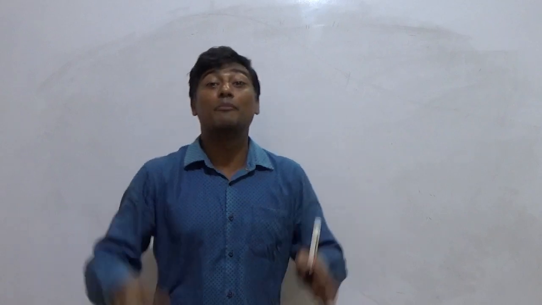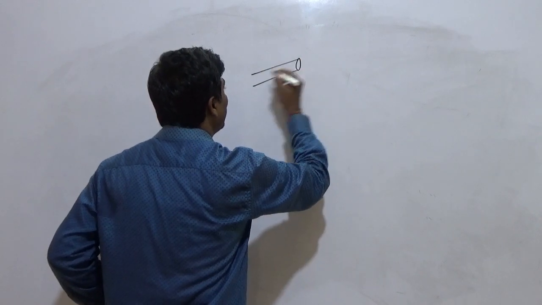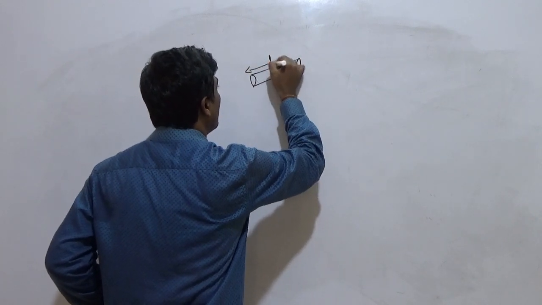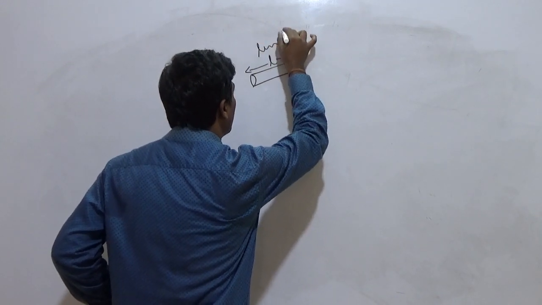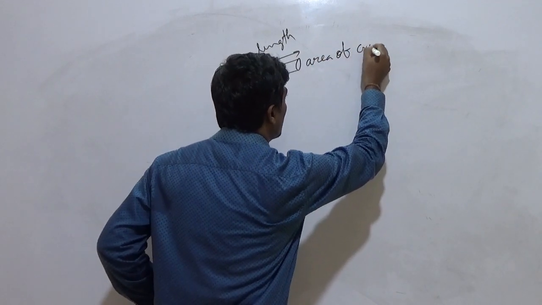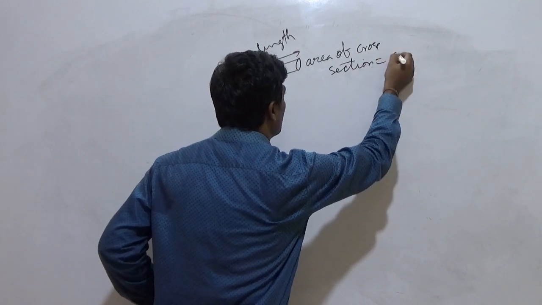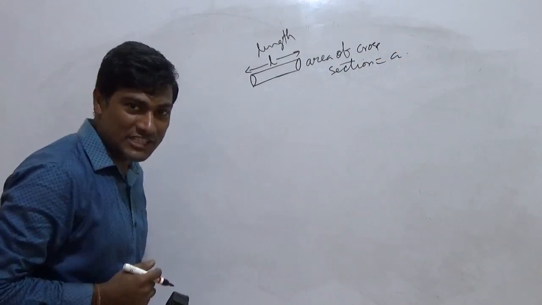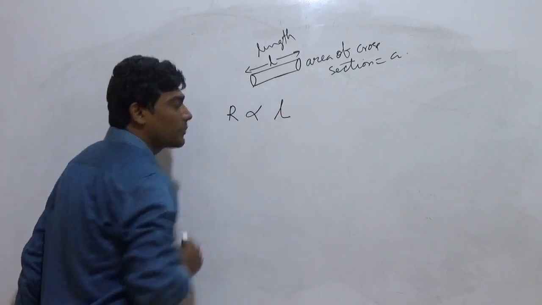So let us first discuss the specific conductance, and before going into specific conductance, consider a conductor of length L and area of cross section equal to A. And from physics you know resistance of a conductor is directly proportional to length.